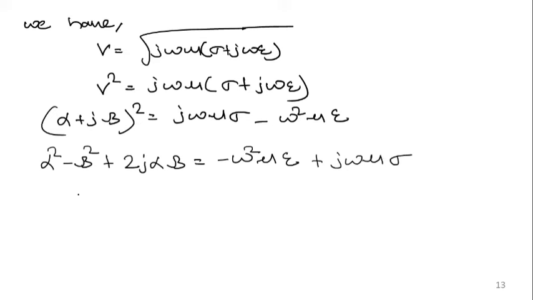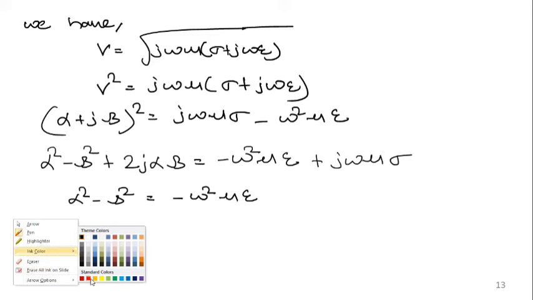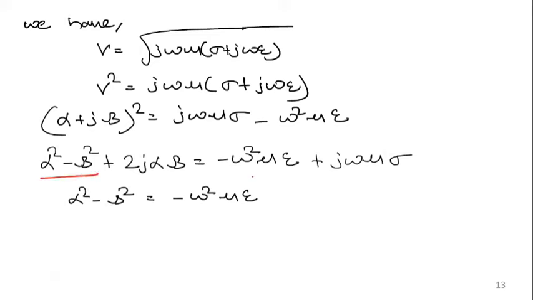So what we are doing, we are equating the real parts and imaginary parts, right? We are equating the real and imaginary parts. So real parts this will equate, and these two also we will equate.